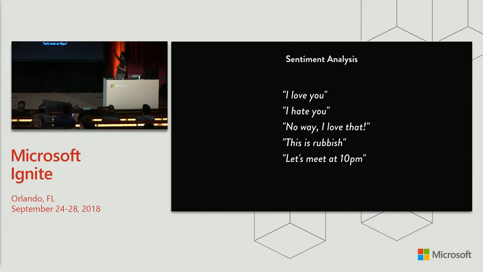I love you, I hate you, no way I love that, this is rubbish, let's meet at 10 p.m. But then the key thing is you have to label that data, okay? Somebody, a human being, usually needs to go away and actually tag each one of these as positive and negative. And you actually need quite a few human beings involved as well, because the same sentence to one person can be positive and to another person can be negative, right? There's subjectiveness here as well.